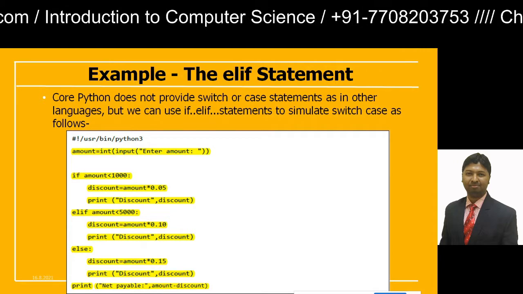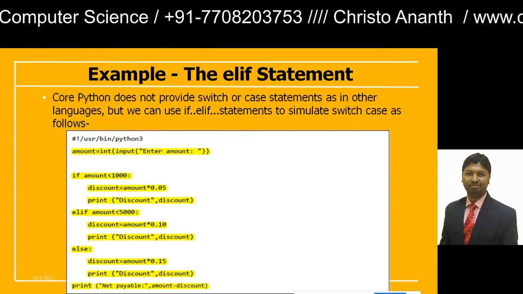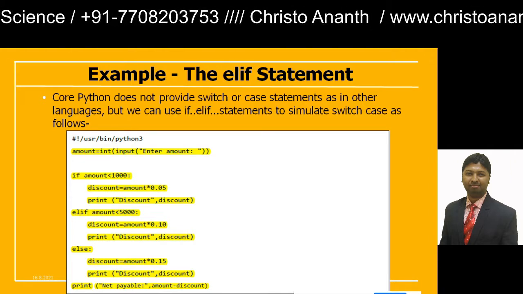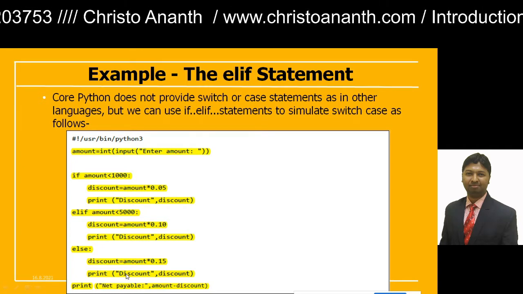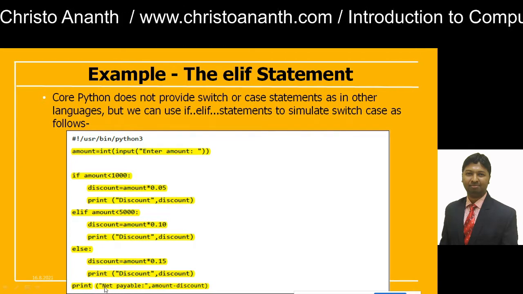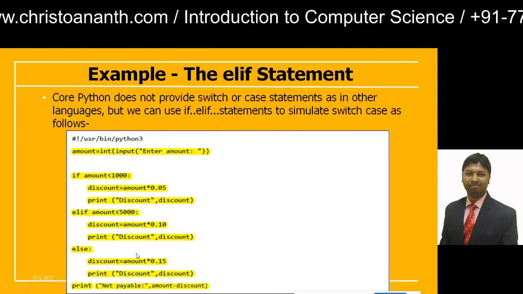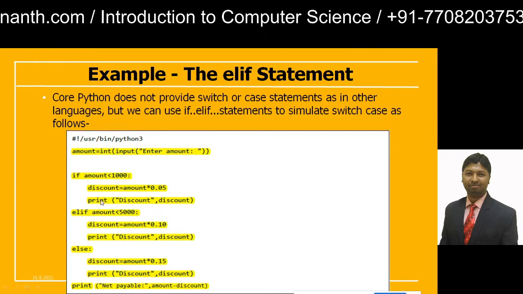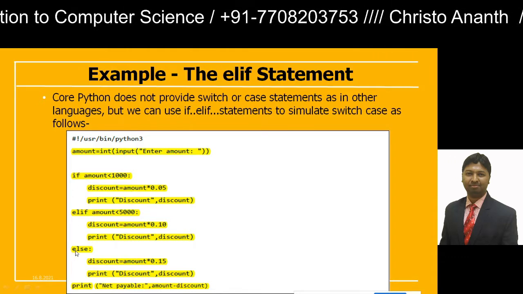If the amount is between 1000 and 5000, it is a 10% discount. If the amount is greater than 5000, it is a 15% discount. Afterwards, you print the discount. Finally, you print the net payable amount, which is the amount minus the discount. This is the elif example: if, then elif, and then else.